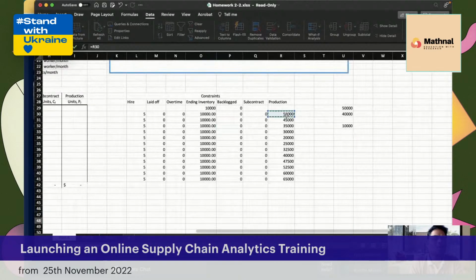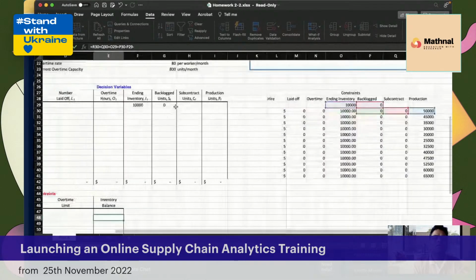So I'll use a formula. So production plus subcontracting plus inventory plus current backlog minus the previous backlog minus the forecast.